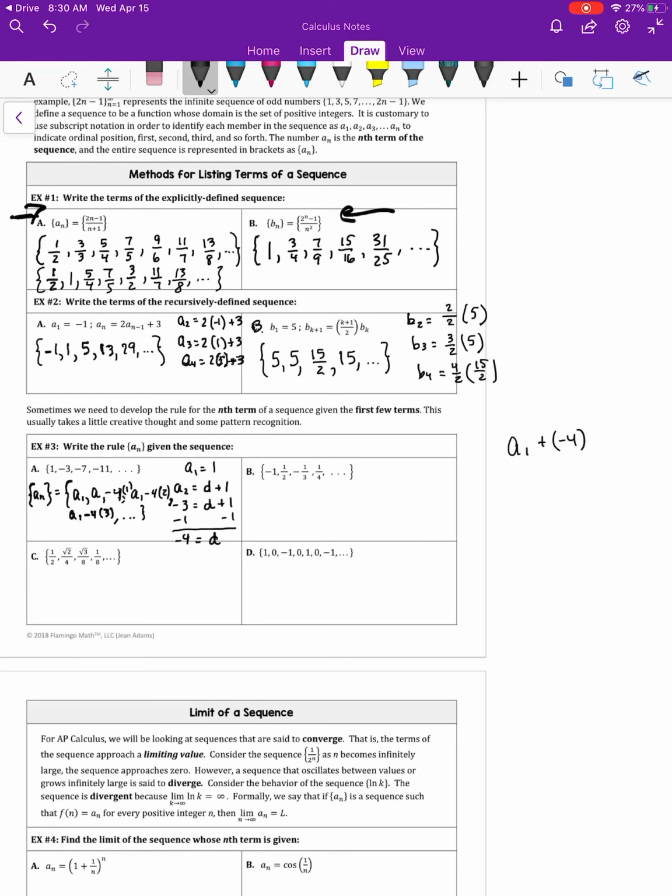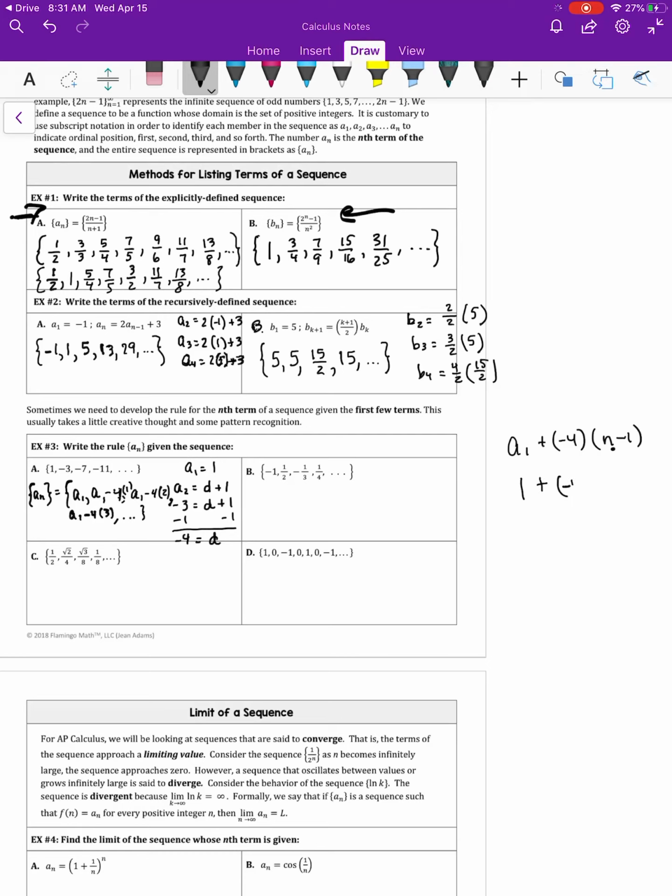So I'm going to go over here and just do some scratch work real quick. So it actually is a sub 1 plus negative 4 times n minus 1. Now, for my first n, it's just going to be a sub 1. So for n equals 1, my value is just a sub 1. For n equals 2, it would have been a sub 1 minus 4.